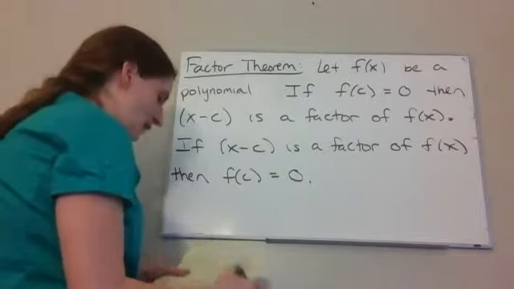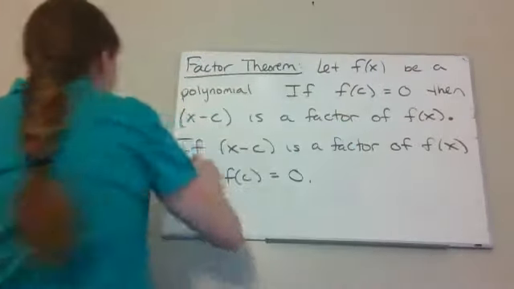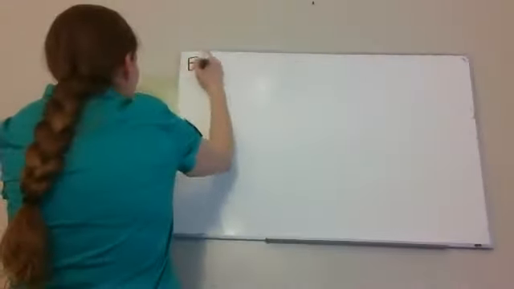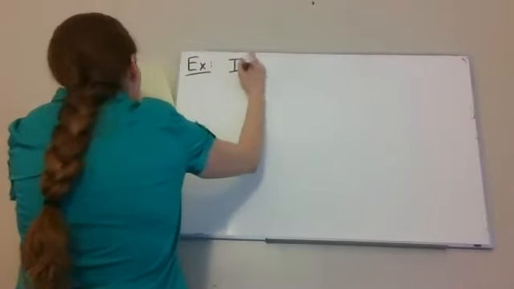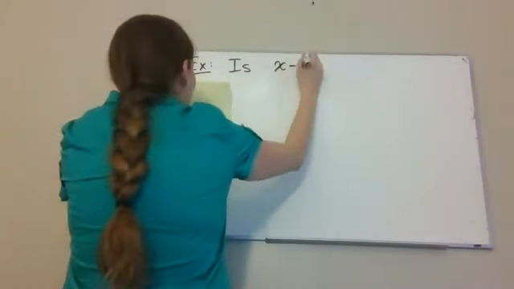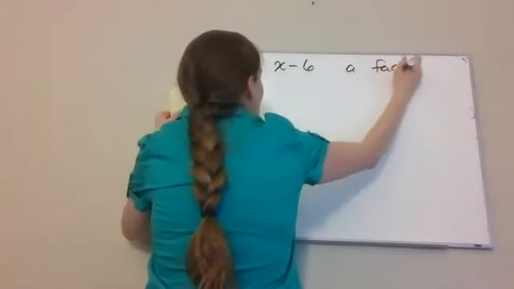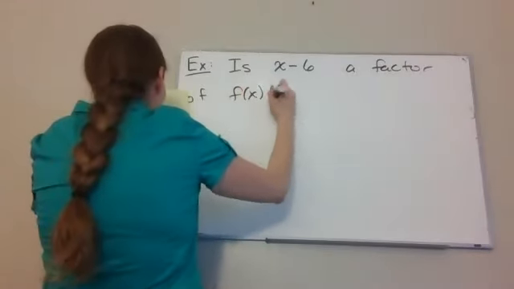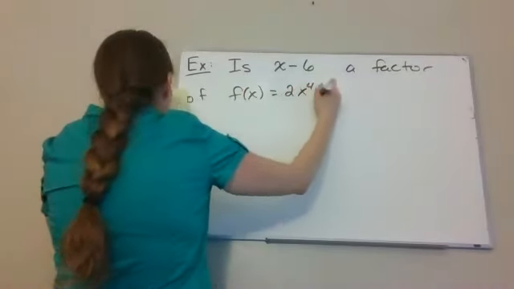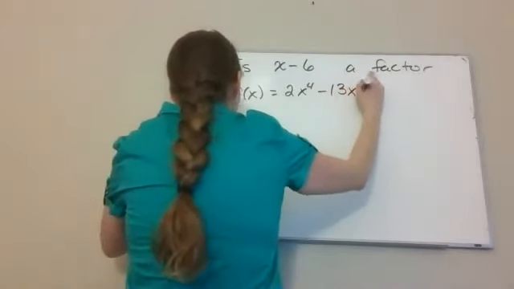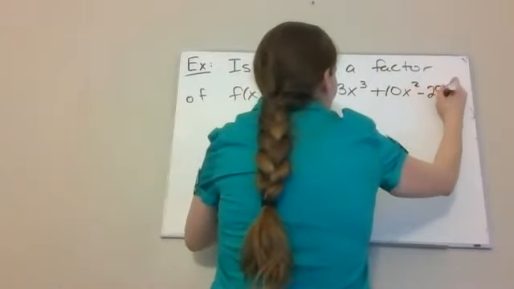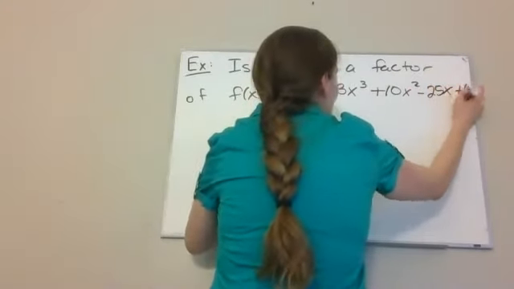So our first example using this: is x minus 6 a factor of f of x equals 2x to the fourth minus 13x to the third plus 10x squared minus 25x plus 6?